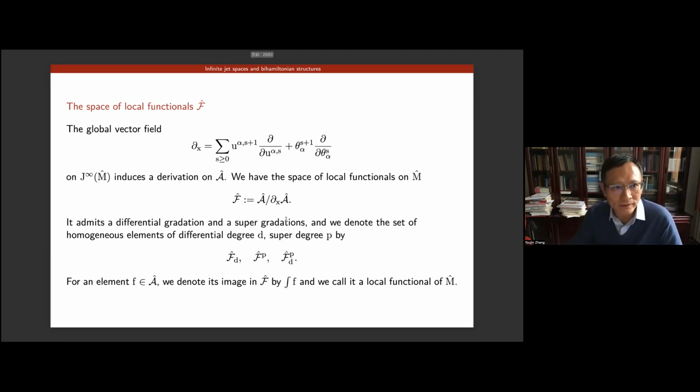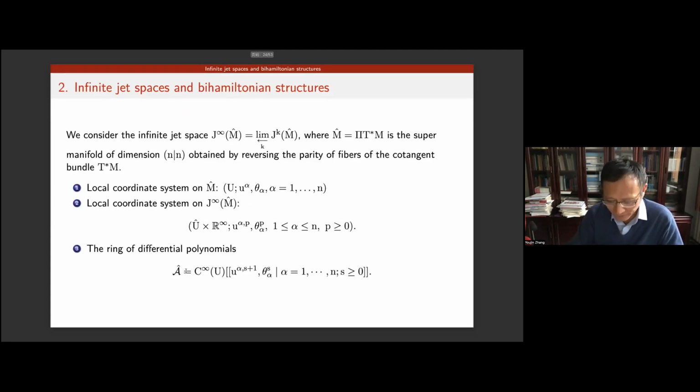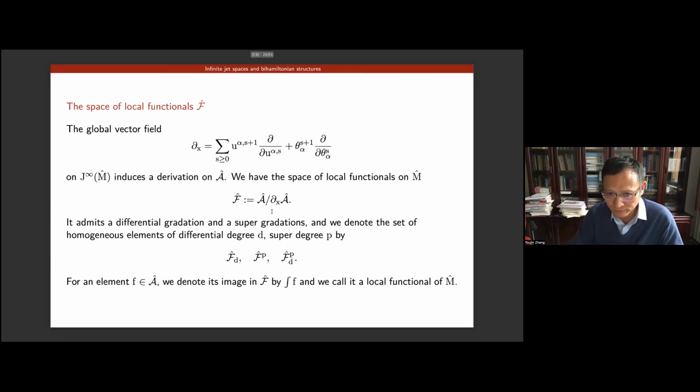On this jet space, we have a global vector field dx, the total x derivative. Then we can form the quotient of the space of differential polynomials A hat, and this quotient space gives the local functionals on the supermanifold. On this space of local functionals, we have two natural gradations.